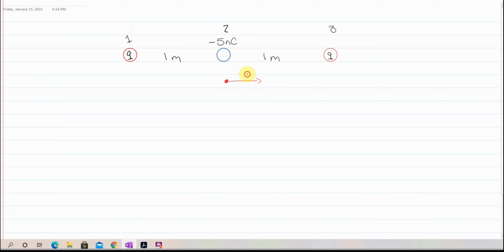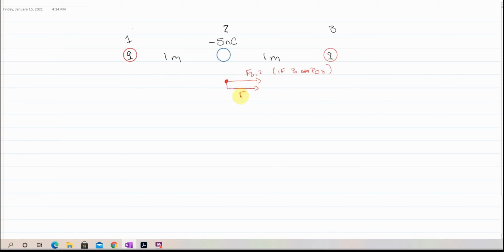So this would be force 3 on 2 if 3 is positive, sorry. And if 1 is negative, well, in terms of a negative and a negative, 2 is going to be repulsed from 3. So I'd have the same direction.